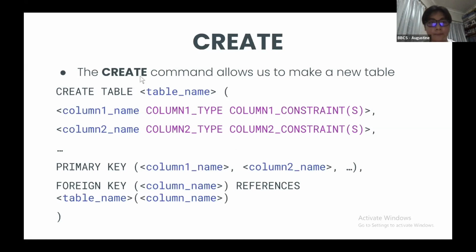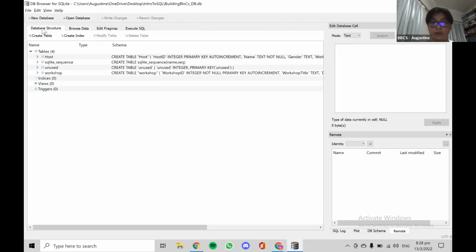So let's go back. We have the first command, the create command. What the create command does is allow us to create a new table. Now, this chunk of code may look daunting, but do not worry, because if you go back into your DB Browser, below the New Database button there is a Create Table button.